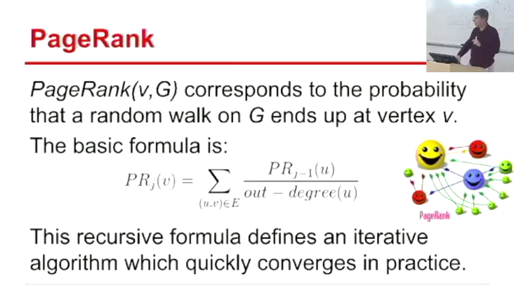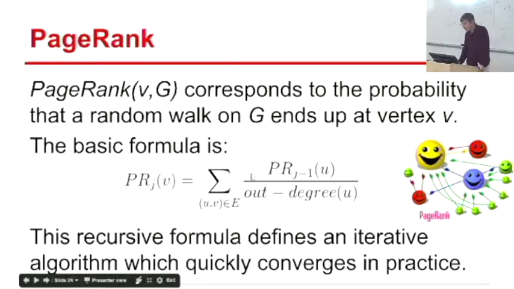Does everybody see that? So what this is basically saying is, my current PageRank for V is, over all my neighbors, the sum of how powerful they were in the previous iteration, divided by how many vertices they had to give their power to. Does everybody see this?